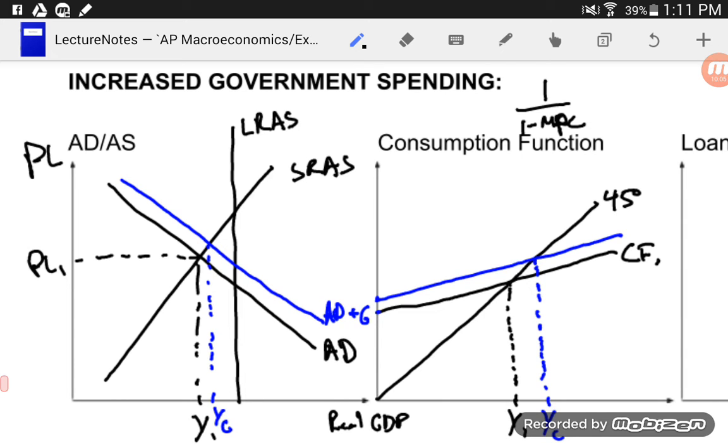So let's see, what am I forgetting here? Income, forgetting some labels, and expenditure.